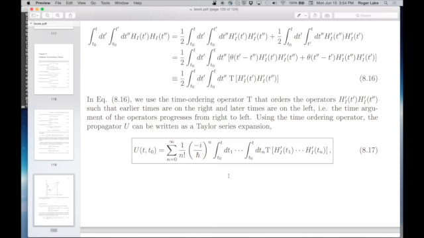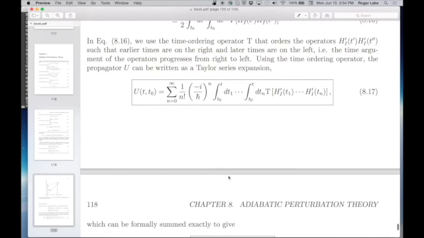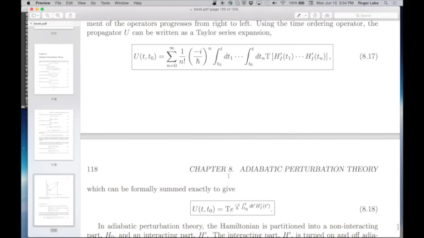So formally, we can write this down like this, which is a shorthand way to write it down. And you can move the time ordering operator out front, and the way you interpret that exponentiated integral is the series. That's what we mean by that, but that's sort of a shorthand way of writing it down.